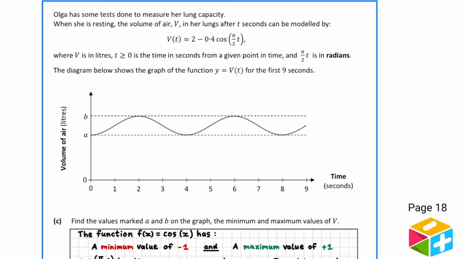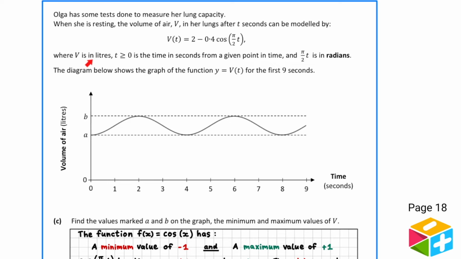In the next part of the question, we're told that Olga has done some tests to measure her lung capacity. When she is resting, we can model the volume of air, V, in her lungs after t seconds with the following function. V of t is equal to 2 minus 0.4 times the cosine of pi over 2t.